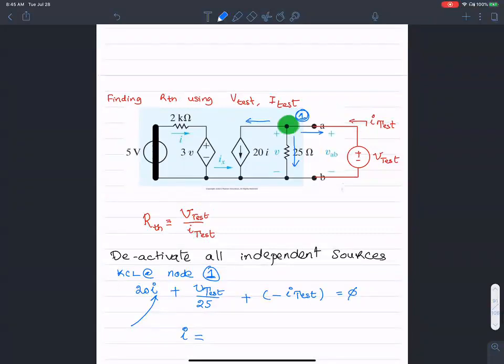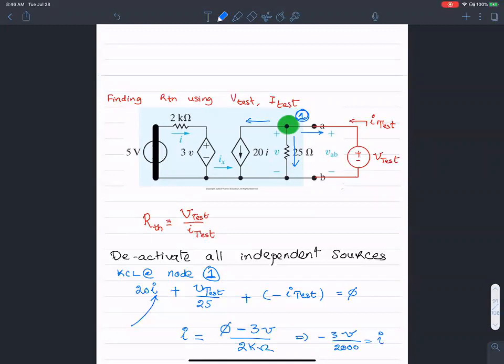In here, I got rid of 5, so it's simply 0 minus 3 little v over 2 kilo ohms. So what I have is negative 3 little v over 2000. That's I. That's my second equation.